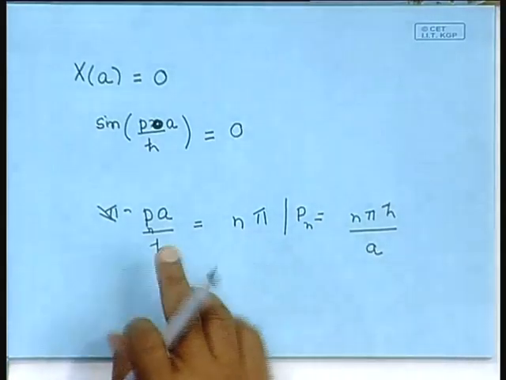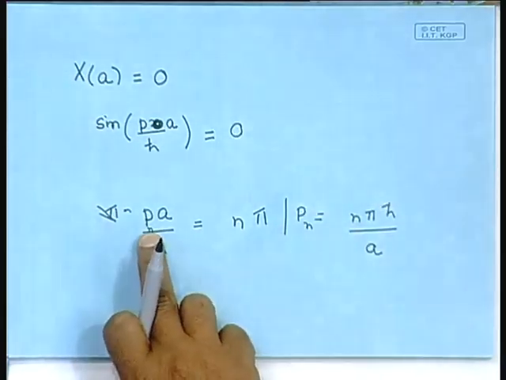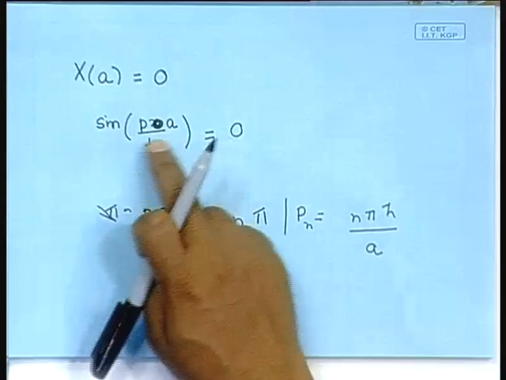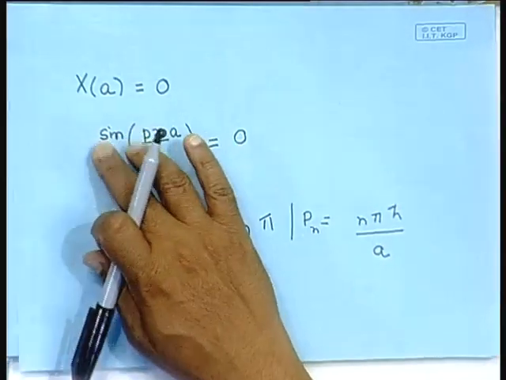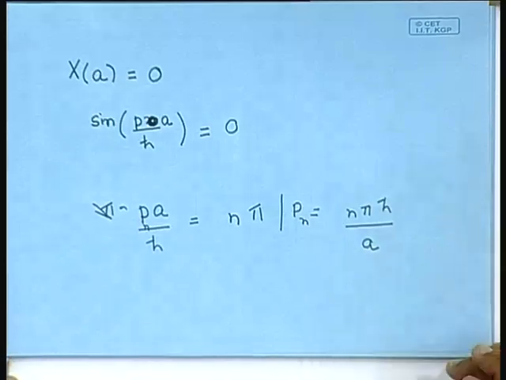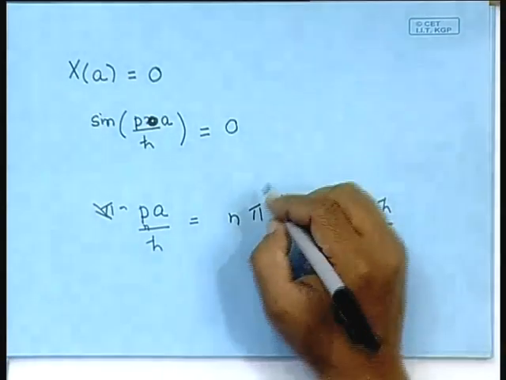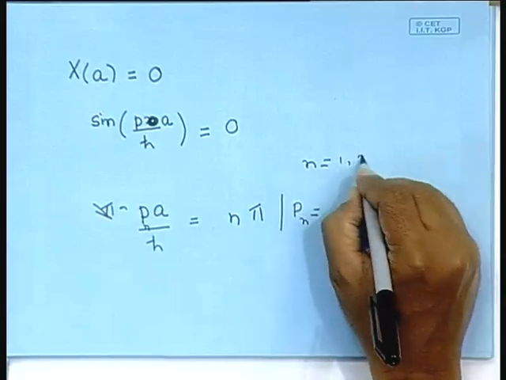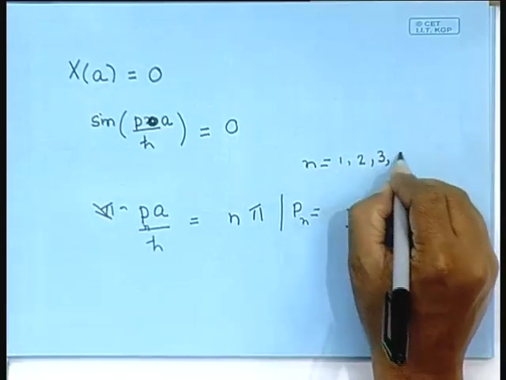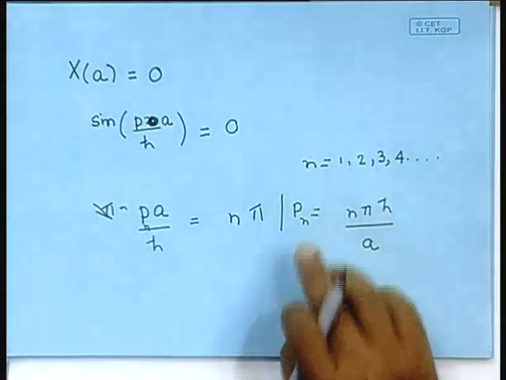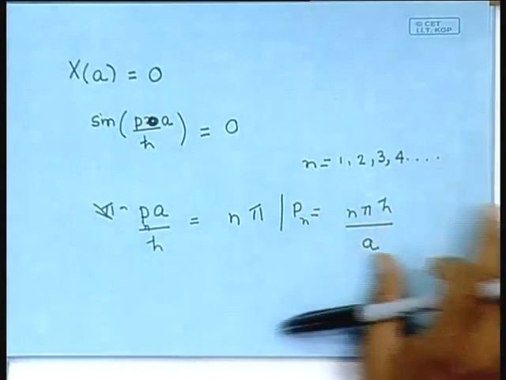If n were 0, then the constant p would also be 0, the wave function would also be 0, which is a trivial solution which does not have any physical significance. So, we have n taking values 1, 2, 3, 4, etc. and we have a different solution for each such integer value.